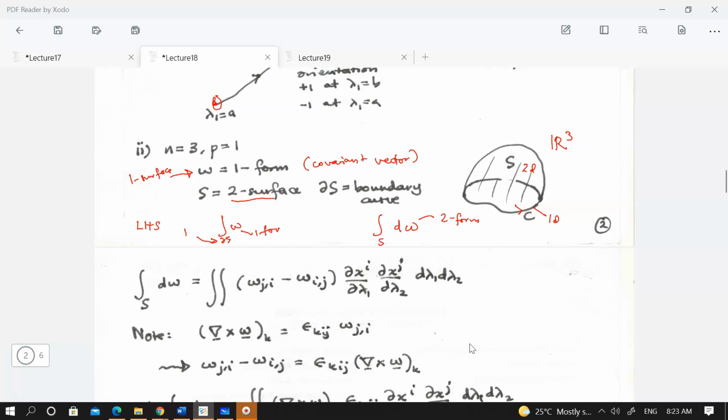You have an integral over S, the surface, of d omega, and remember omega is going to be something which has one index, say omega_i dx^i, for example.